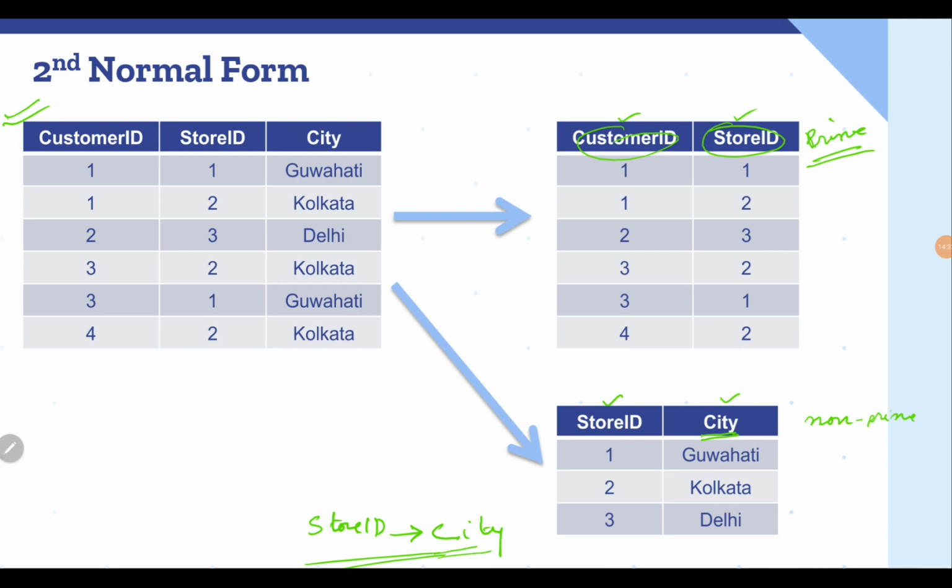Store ID 1 gives Guwahati, 2 gives Kolkata, 3 gives Delhi. All are unique. So whenever the store ID values change, the city also changes. So both tables are now in second normal form. So this is about the second normal form. Thank you.